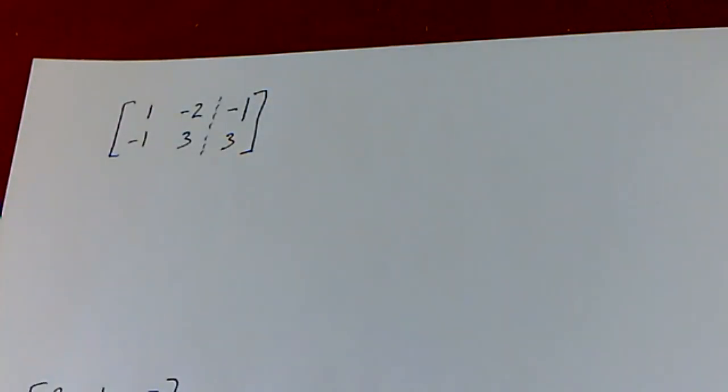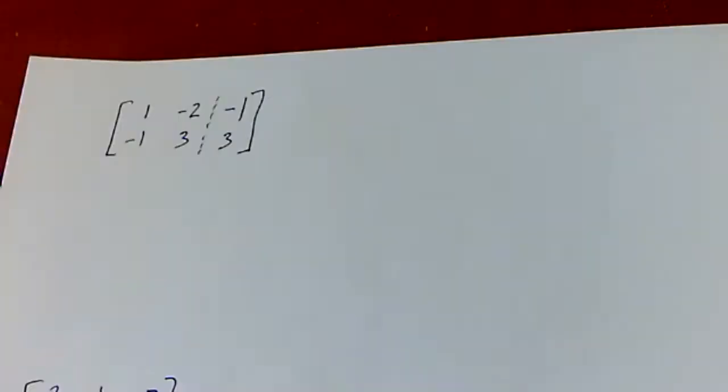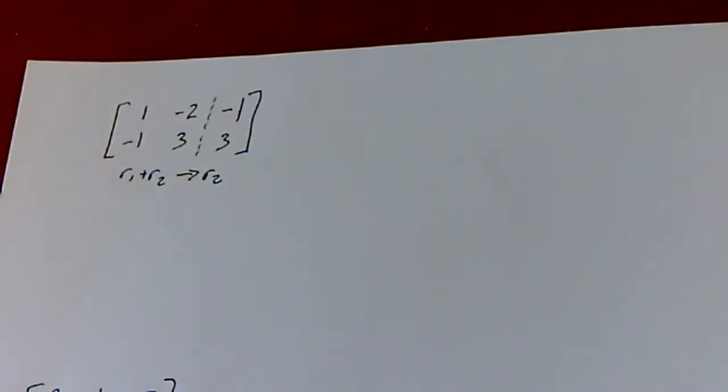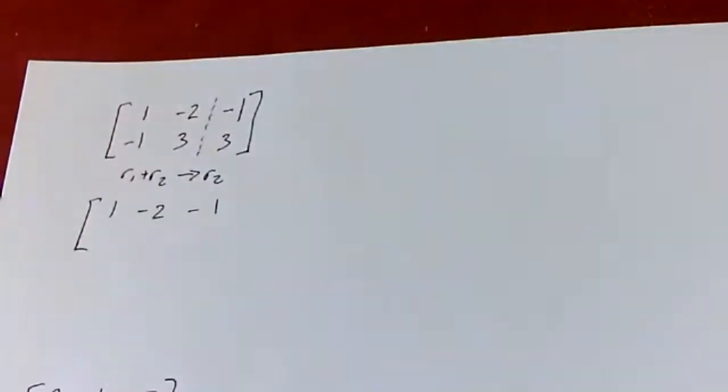So if I can get this where I have x1 equals my answer, I have my solution. In this one, for example, I'm going to take these two rows and add them together, just like I did before. What did we do when we solved that system the first time? We added the two equations. So that's ultimately what I'm doing here in my matrix. I'm taking row 1, adding it to row 2, and replacing row 2. So my row 1 doesn't change at all.